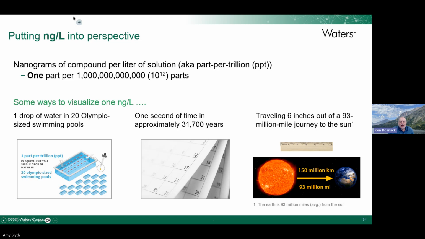Or it's the last 6 inches of a 93 million mile journey. I didn't go to quadrillion, because one of the health advisory limits was in the parts per quadrillion. That's trying to find 4 ants out of all of the Earth's population of ants. So that's telling you something.